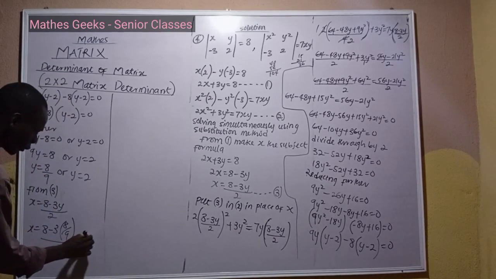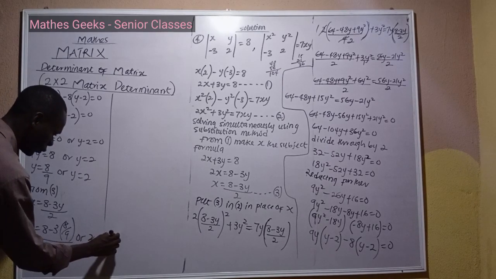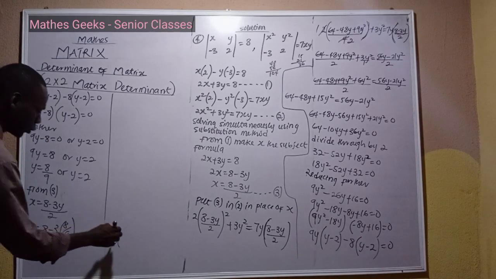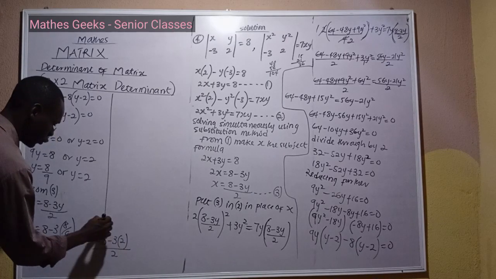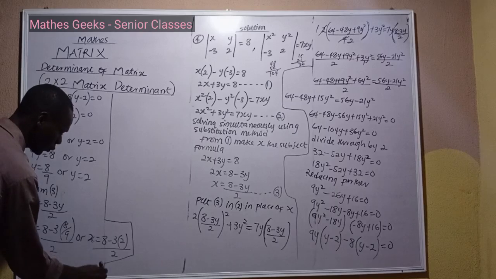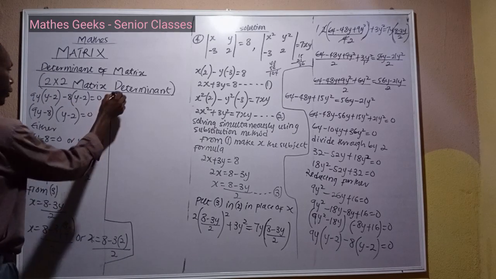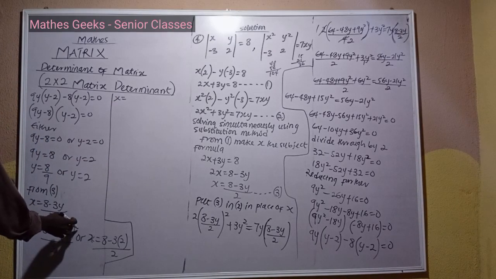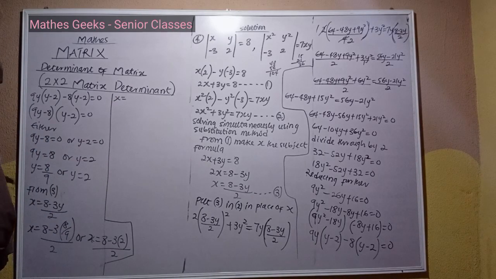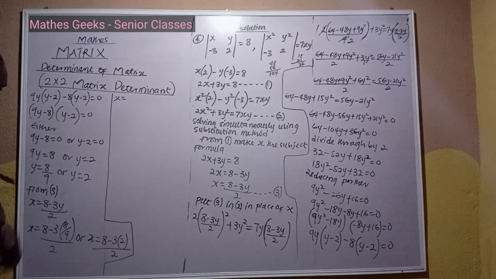Or x equals 8 minus 3, y is 2 over 2. Okay, so come over here. x equals 3 times 8, 24 divided by 9. Since 3 can go into 9, that will give us 8 over 3.